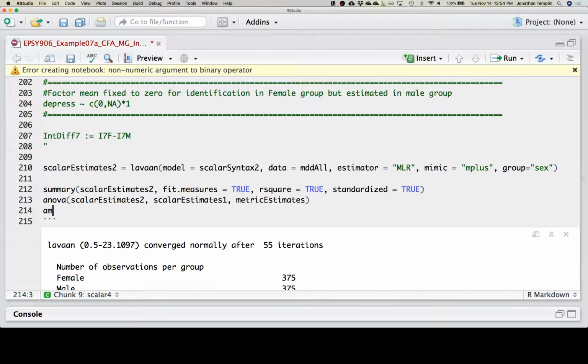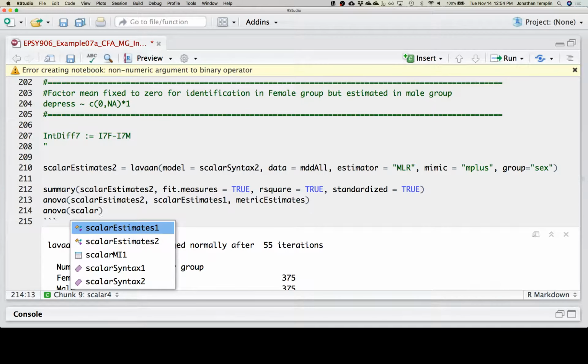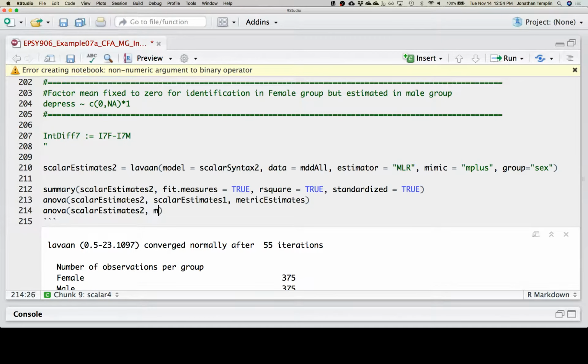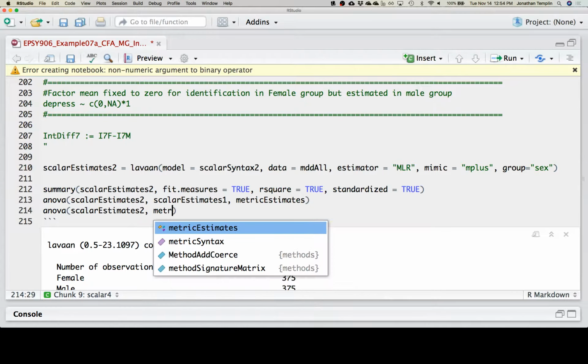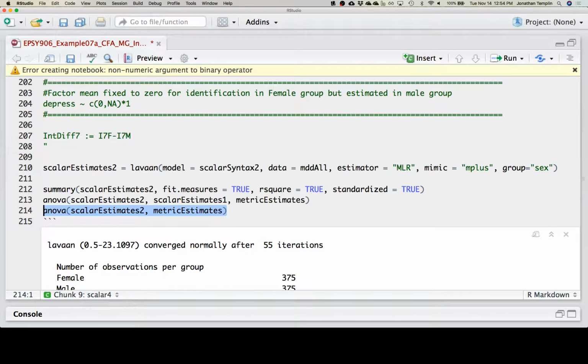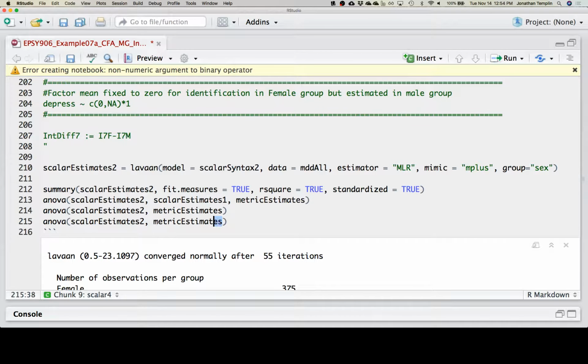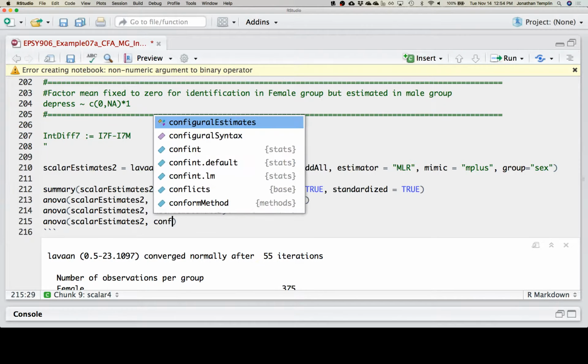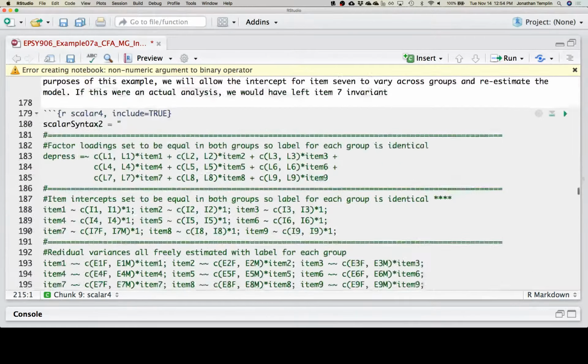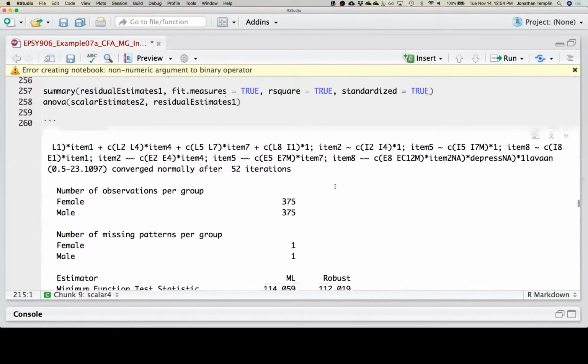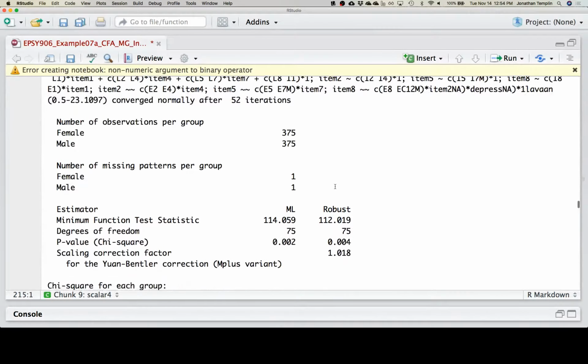Let me put some more ANOVA statements here. If we were to compare estimates 2 with metric estimates, and if I were to compare this last model with the configural model, let's see how the fit changed there. So comparing it with the metric estimates model, oh geez.